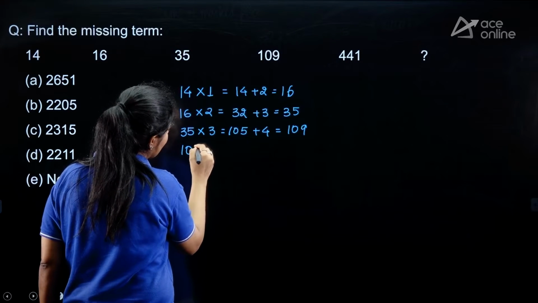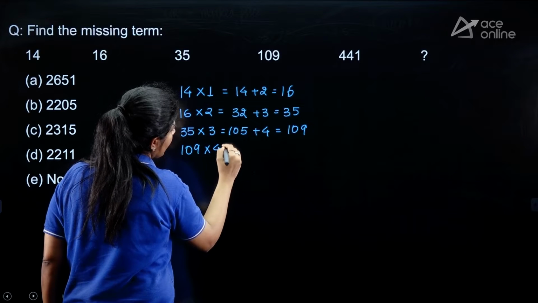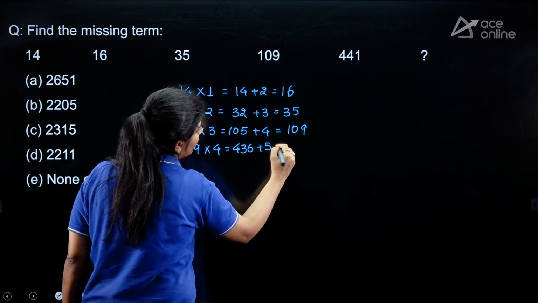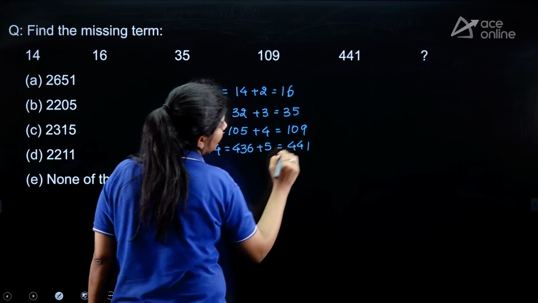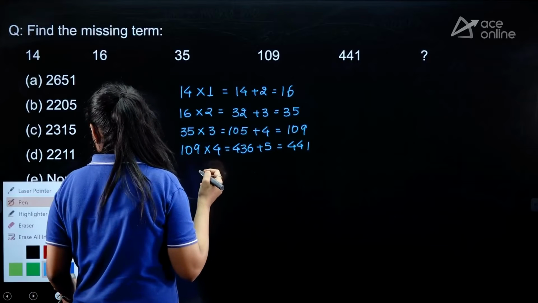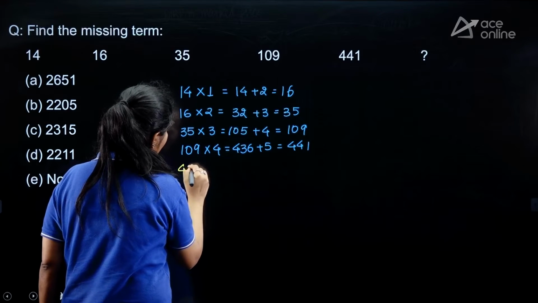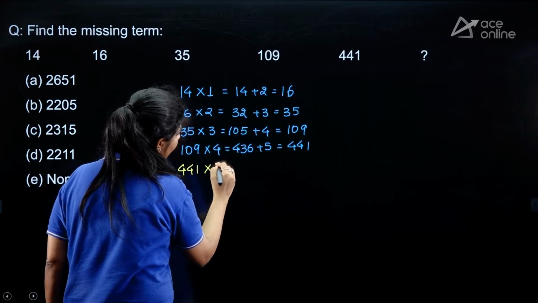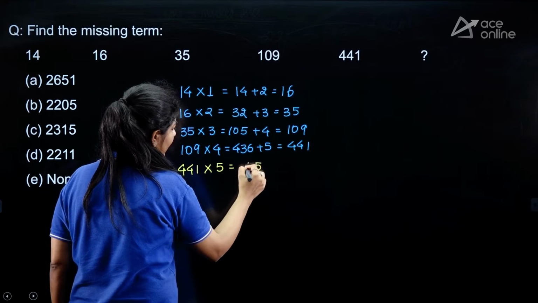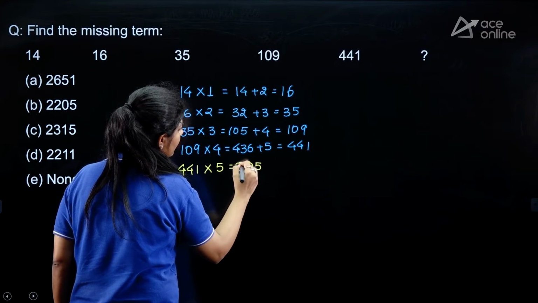Now 109 into 4 is nothing but 436 plus 5. Here we are getting 441, right? Now you need to apply the same logic with this one. So we can write 441 into 5, which is nothing but 5 and here 20. So 2 carry forward this one.